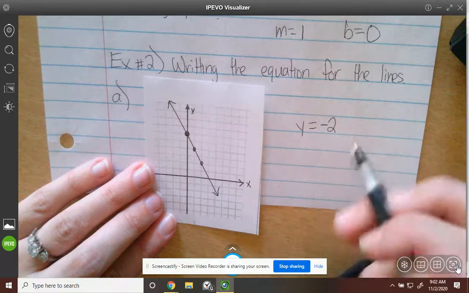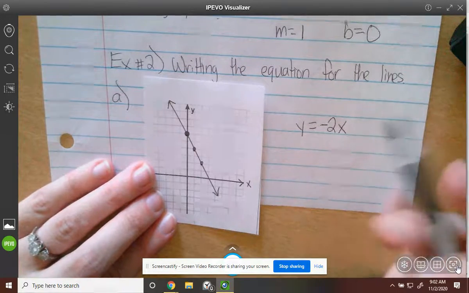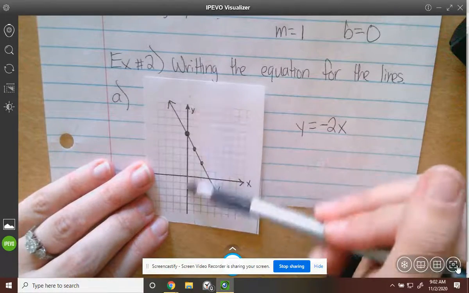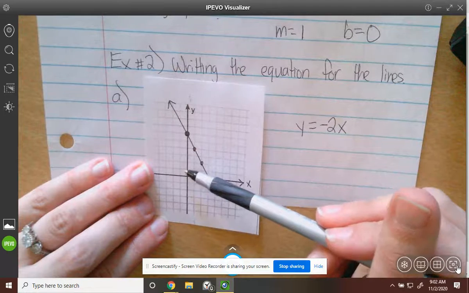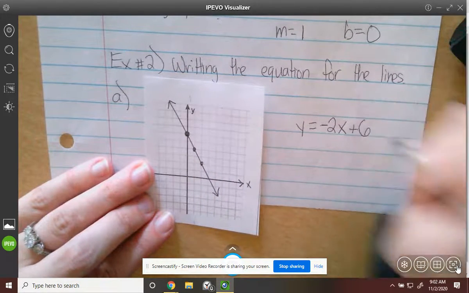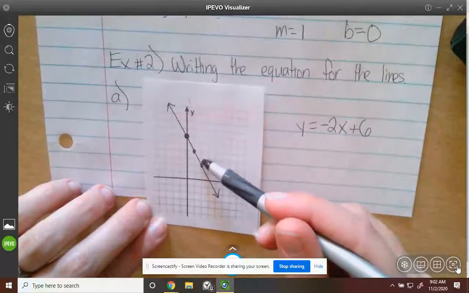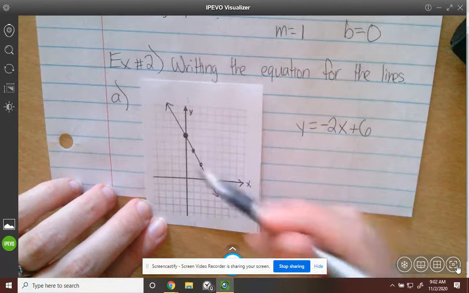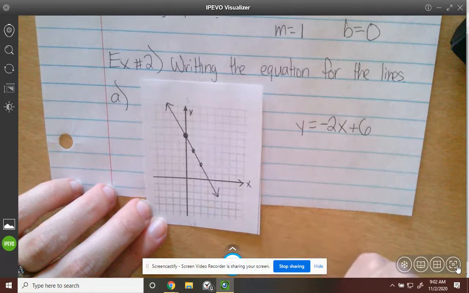After your slope always comes x, and then your y-intercept. So where is it crossing my y-axis? Well, it's crossing right there, and that's up at 6. So plus 6. And that's it. That is your equation. Up 2 over 1, it's a negative slope, so -2, and then it crosses way up here at 6.